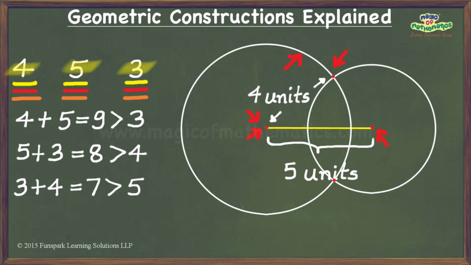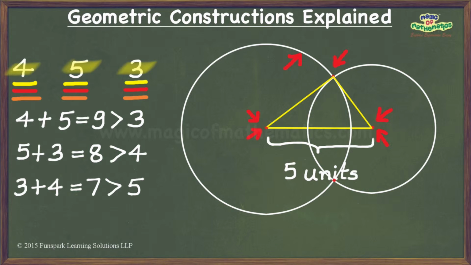By a similar logic, the distance between our point and this vertex should be 3 units. As we can see, we have discovered a point which is at a distance of 4 units from one of our two known vertices and 3 units from the other known vertex. We thus have our third vertex, and if I join this vertex to the other two vertices as shown, we will have our triangle.